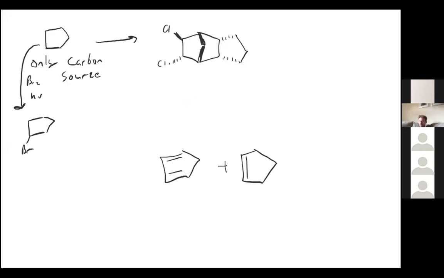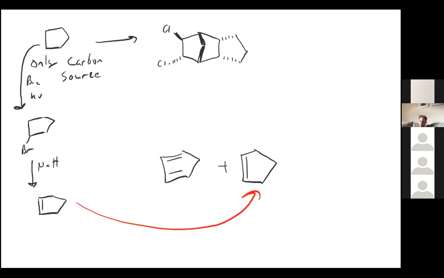From this point, if we throw in a base, we can eliminate and make that first reagent. NaNH2, or sorry, let's throw in an H. That'll give us one component. If we want to make a diene, it's going to be really similar to making an alkene or alkyne.